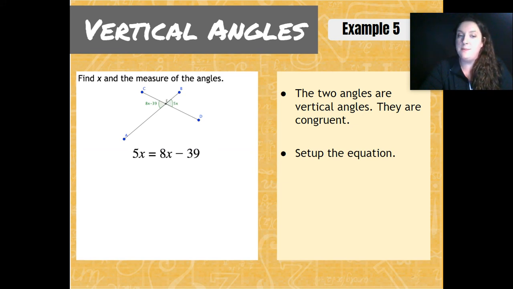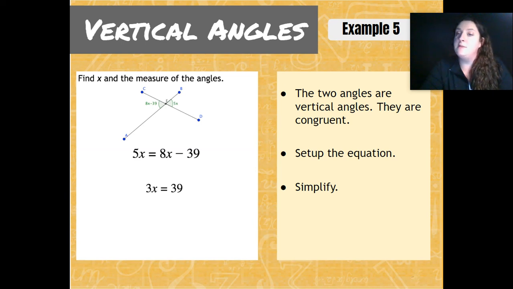There's my equation. I'm going to get my variables by themselves. So if you subtract your 5x from your 8x, you get 3x minus 39.